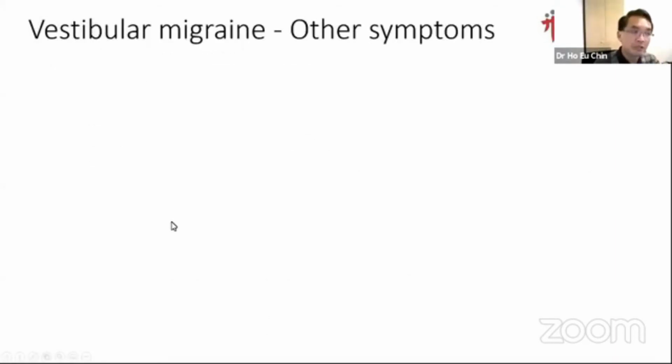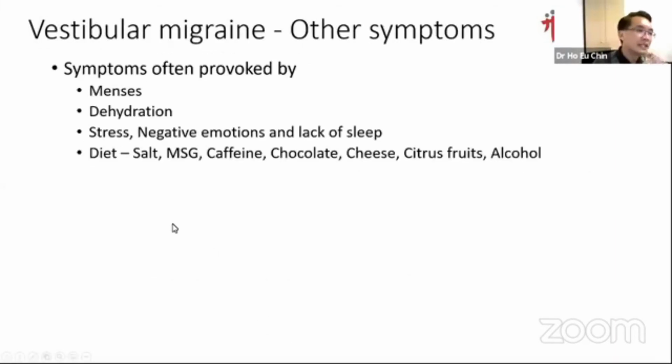And the other symptoms that would help to support the diagnosis is that the vertigo tends to happen for the ladies before your menopause, around the time of your menses. If you are dehydrated, if you've been outdoors all day, sweating a lot, not drinking enough water, if you've been going through a lot of stress and negative emotions, very worried, very anxious about something, and also if you're not sleeping enough, and these three tend to come together.